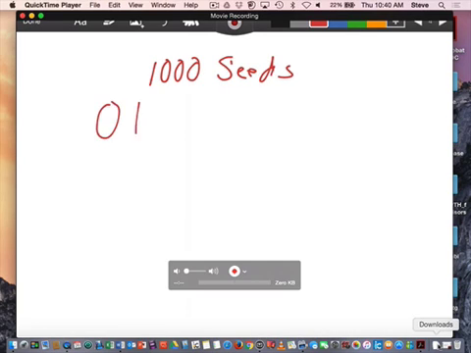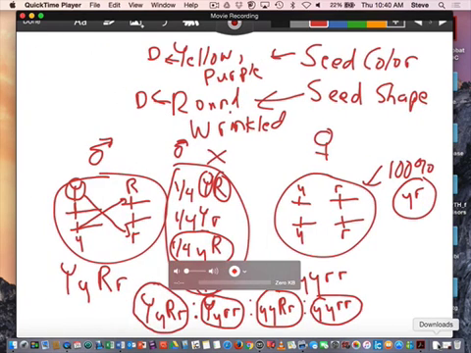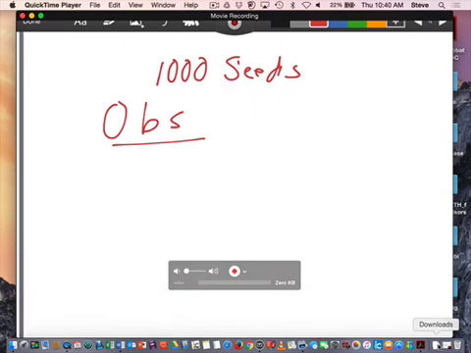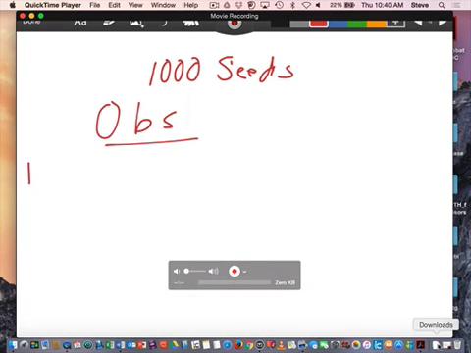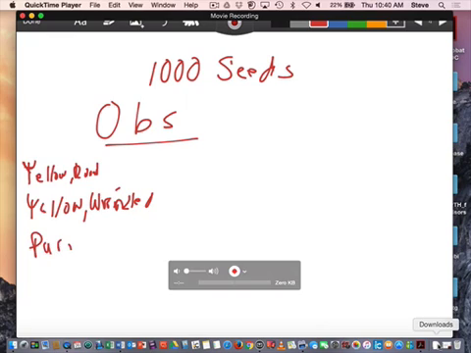Here's what you observed: yellow, round, yellow, wrinkled, purple, round, and purple, wrinkled.